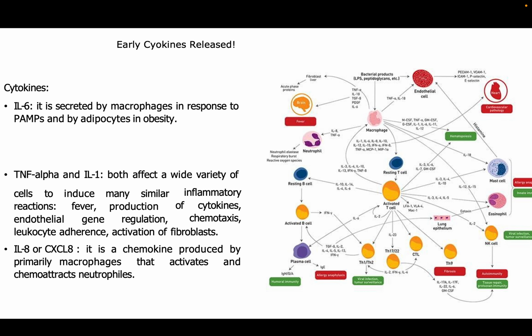So we have cytokines. And the cytokines that are released mostly are interleukin 6, TNF alpha, and interleukin 1, interleukin 8, or CXCL8. So these are cytokines or chemokines that are being released. Interleukin 6 is extremely powerful.